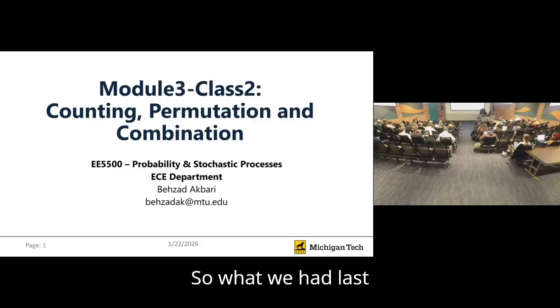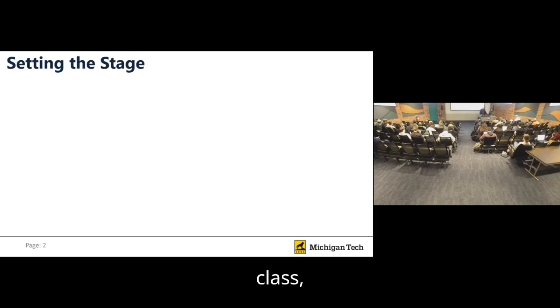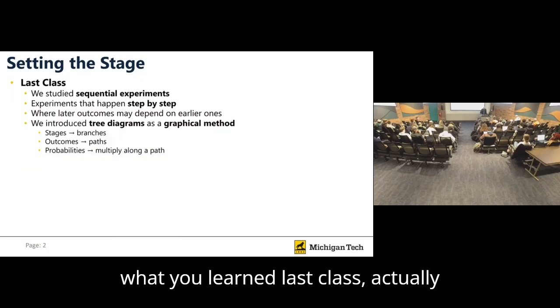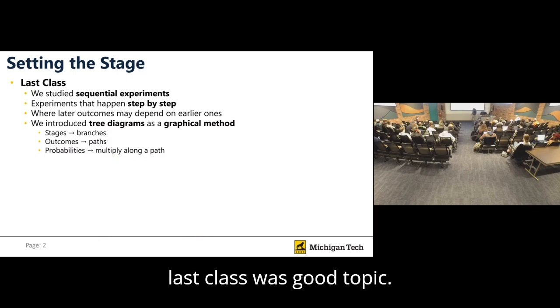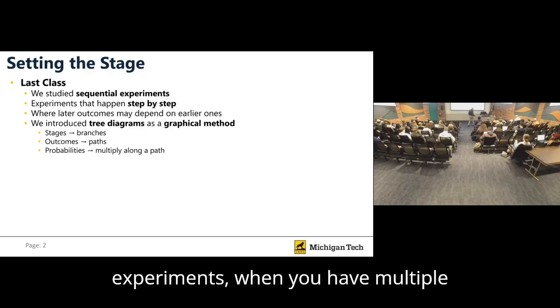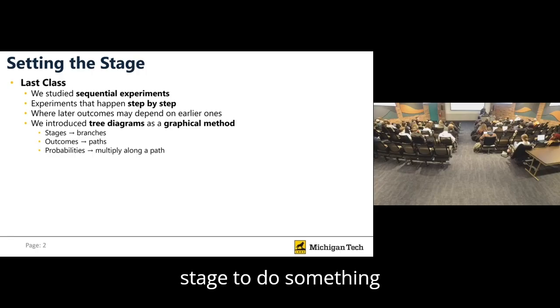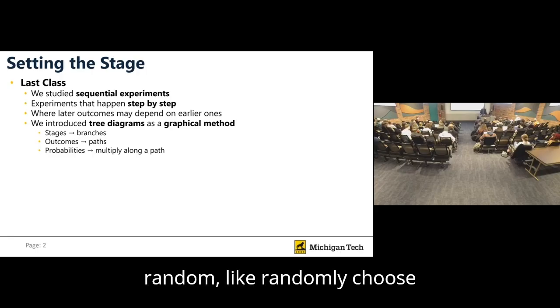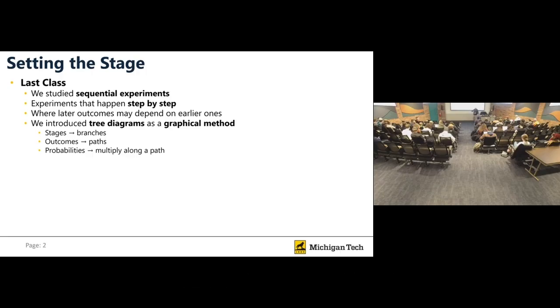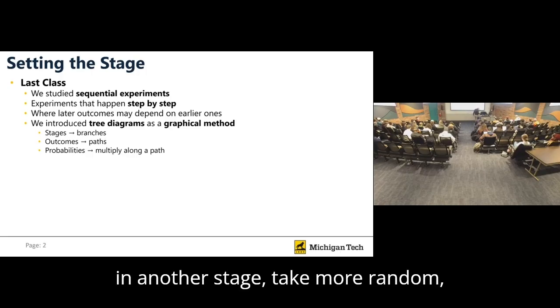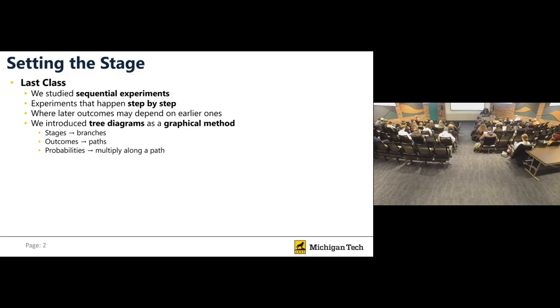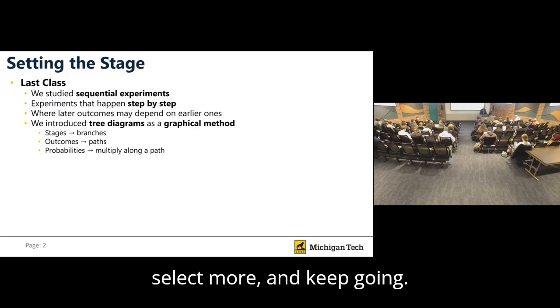Okay, so what you learned last class, actually last class was a good topic, sequential experiments. When you have multiple stages to do something random, like randomly choose one, and then again in another stage take more random, select more, and keep going.